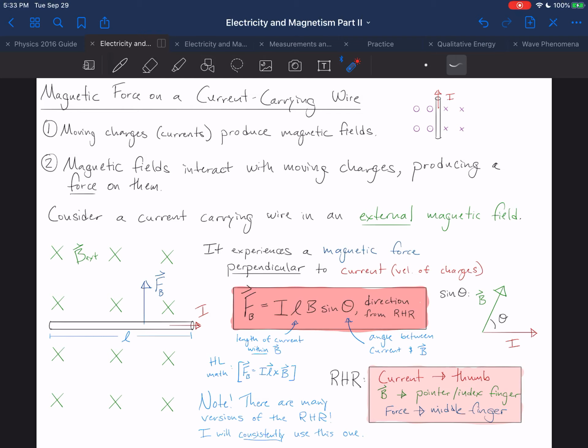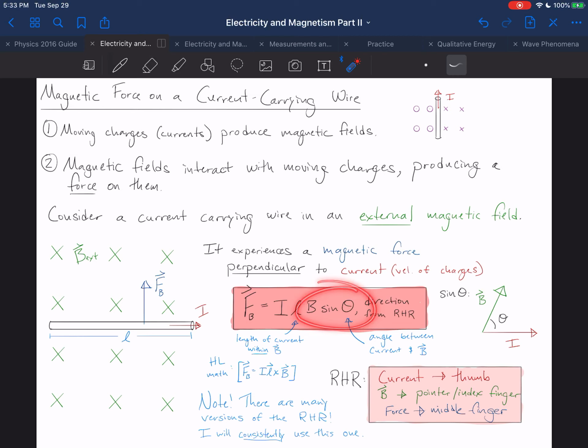Okay, seems pretty straightforward. It is also proportional to the length of the wire, right? The amount of the wire that is within the magnetic field itself. Okay, so how much of the wire is actually within the field? That's L. It is also proportional to the external field strength, which is not terribly surprising. So if you double the field strength, you double the magnetic force.